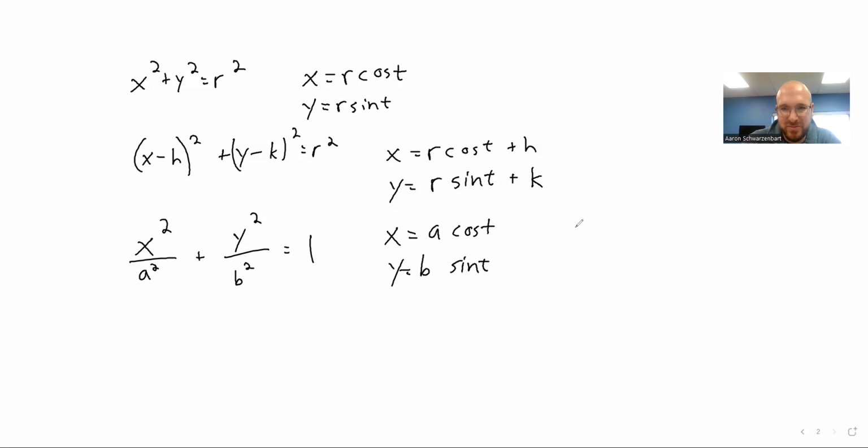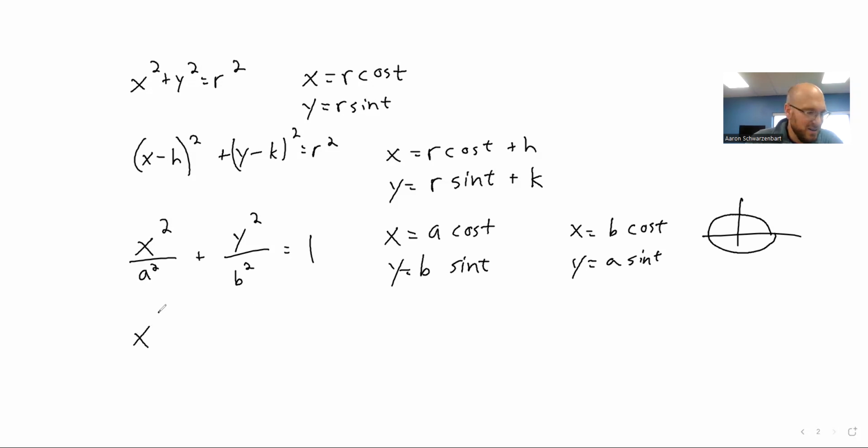For this one, A is usually the bigger one, so this technically could be B cosine T, A sine T. A is the bigger one for finding where C is. The key though is the X direction on the ellipse has to go with the cosine, the Y direction goes with the sine.